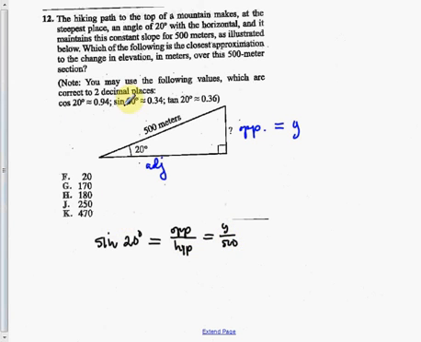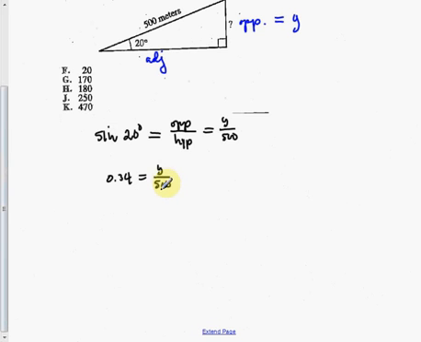And they give me here that sine of 20 degrees is approximately 0.34. So 0.34 is equal to y over 500. Multiply both sides by 500. So I get 500 times 0.34 is equal to y.